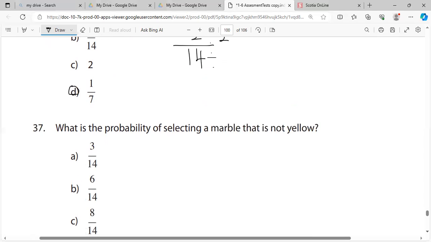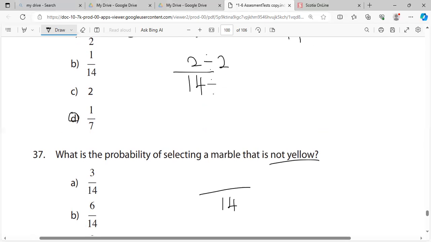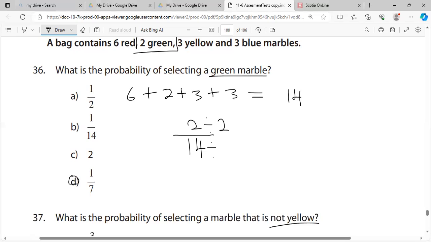What is the probability of selecting a marble that is not yellow? Alright, not yellow. So we know our denominator to be 14. That means let's look for yellow and subtract it from the 14, since it's not yellow. So it can be a green, it can be a blue, or red.